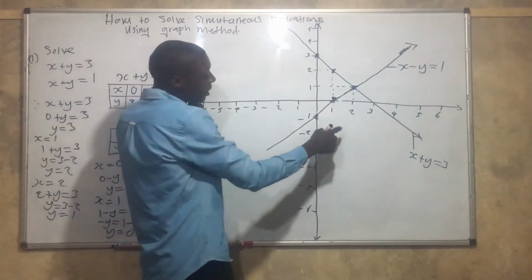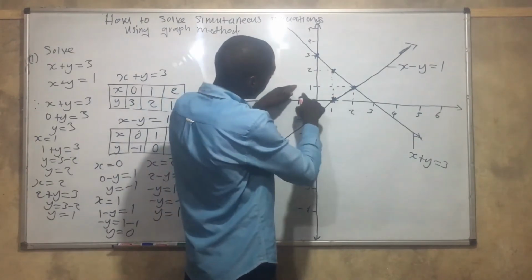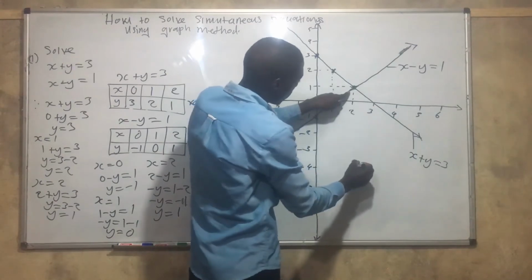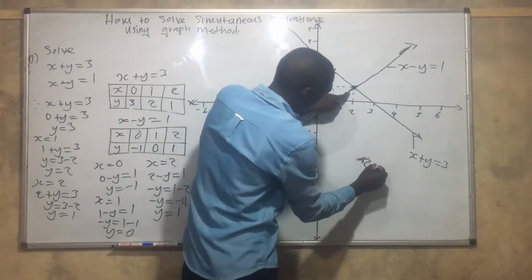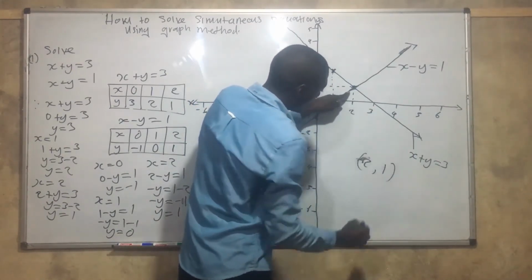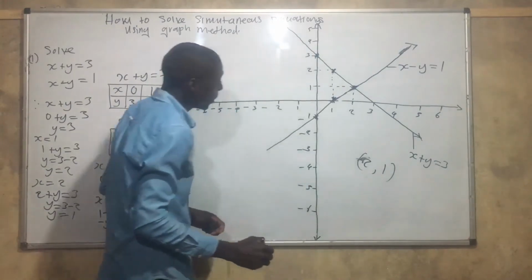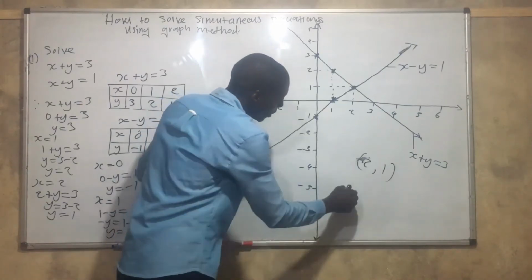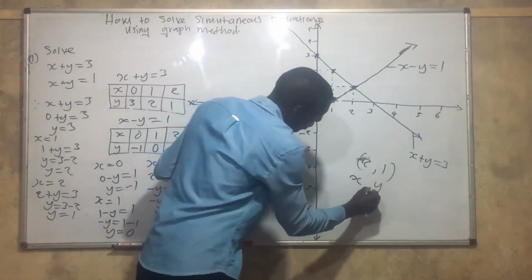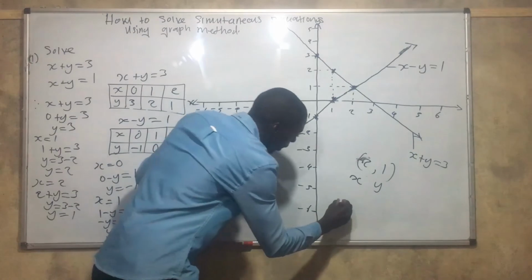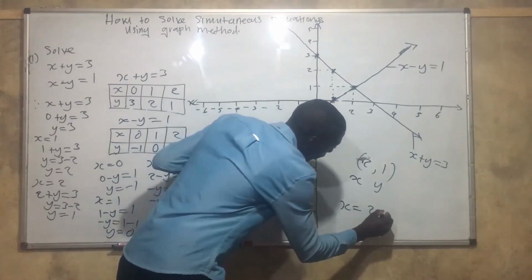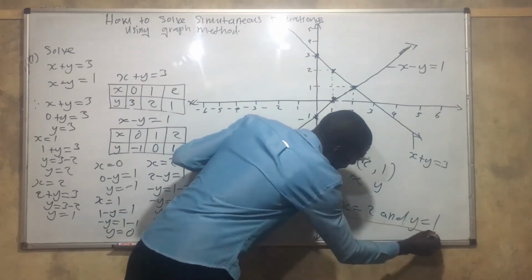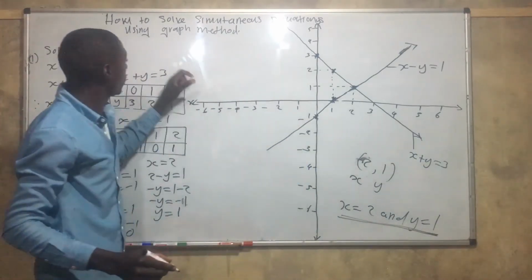So these 2 lines are meeting at x is equal to 2 and y is equal to 1, at the point 2, 1. This is the point where the lines are meeting. So these are the values of x and y, this being the coordinate of x and that being the coordinate of y. So we are saying x is equal to 2 and y is equal to 1.